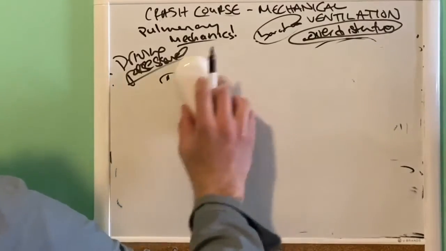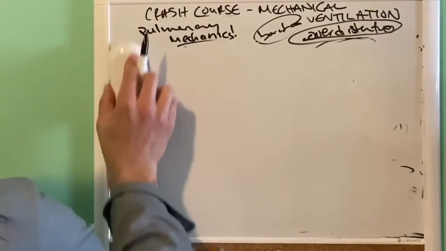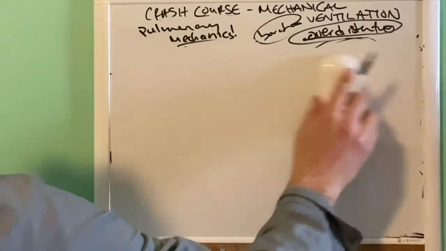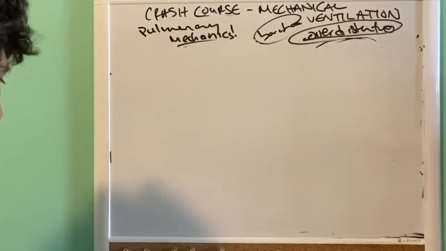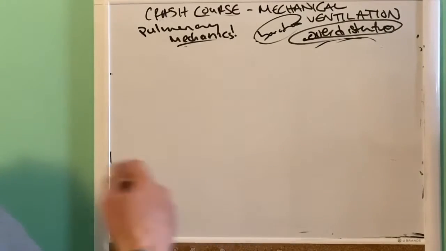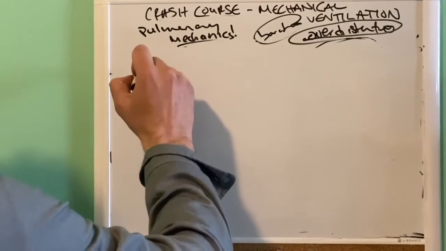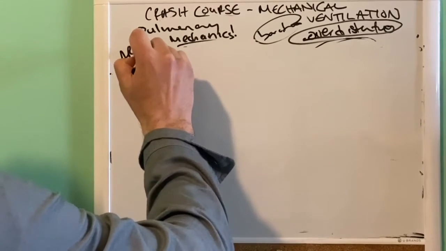Just a quick thing about driving pressure: the ARDSNet trials had generally looked at plateau pressures. What are our general guidelines for ARDSNet?